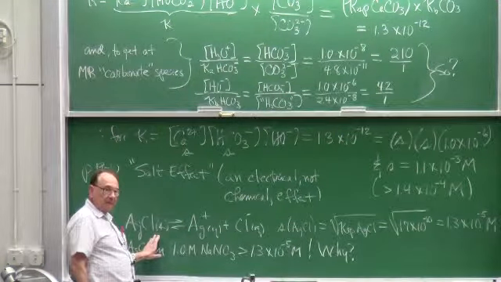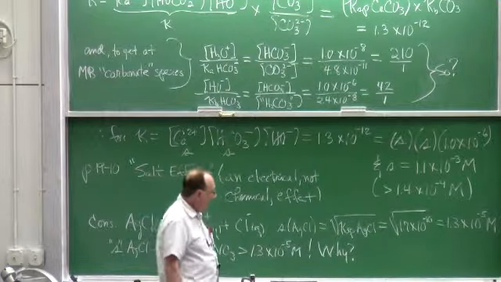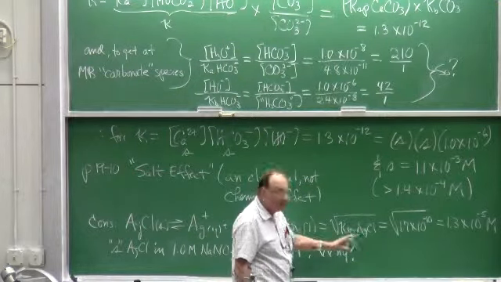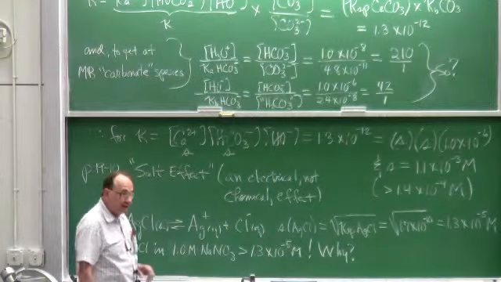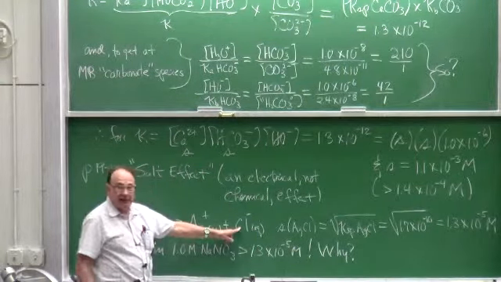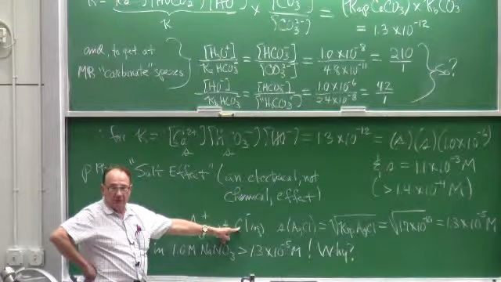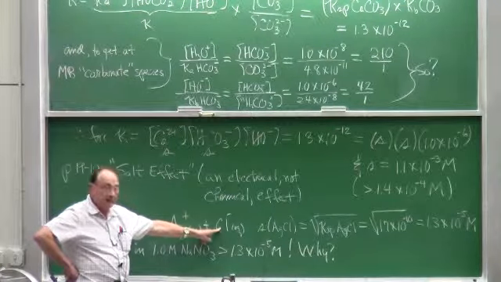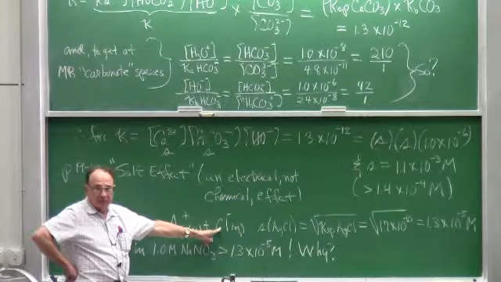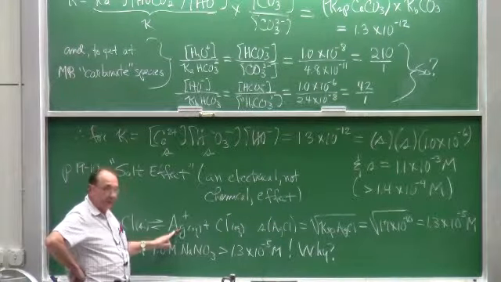So we will conclude that the solubility of silver chloride is adequately represented by the square root of the solubility product constant for silver chloride, because we know from an acid-base standpoint this thing has no effect on pH. It's a conjugate base of hydrochloric acid, a strong acid. Upshot, this is a weaker base than water. Does it exert any effect on pH in water solution? How about this?